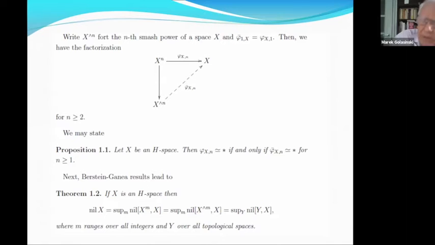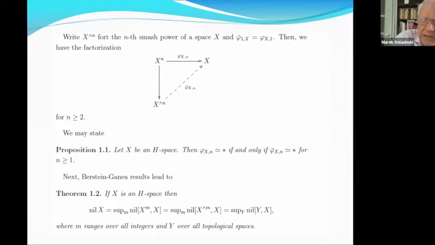Thus we have another equivalent definition of nilpotency. Also, we have a definition which comes from the Berstein-Ganea result, namely, the nilpotency of any H space could be described as follows. First, that is the supremum of all nilpotency classes of homotopy classes of the Cartesian power of X to itself.